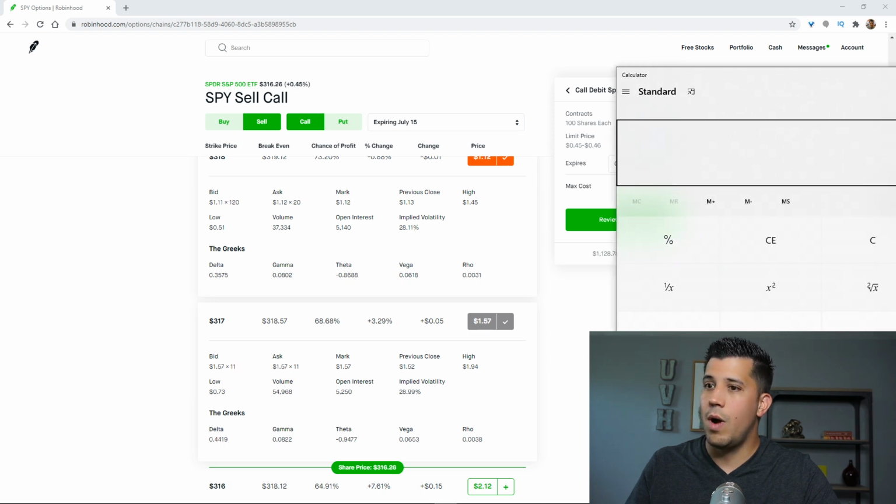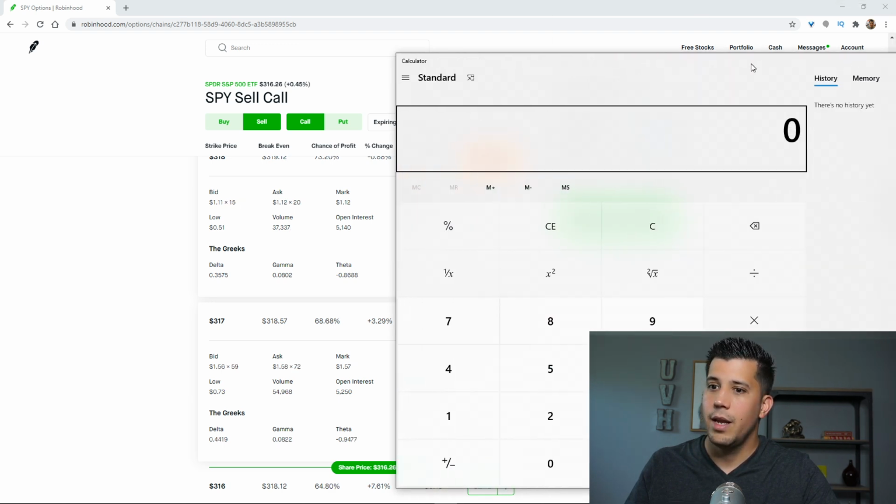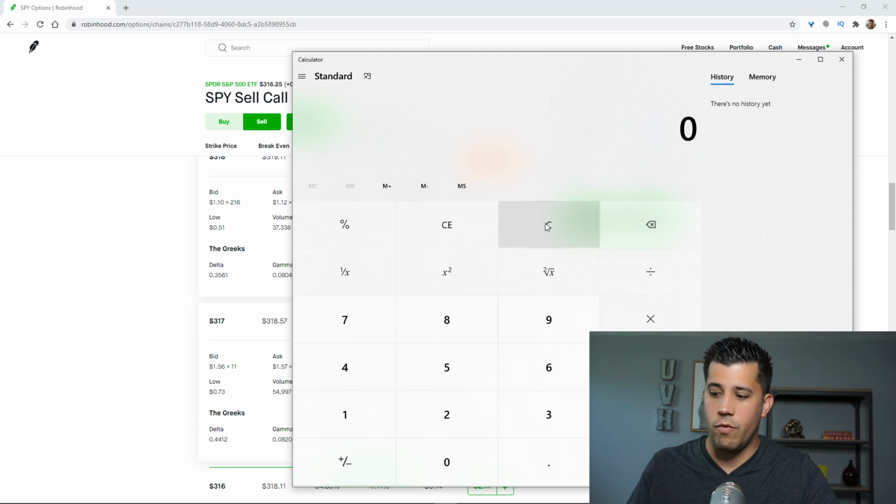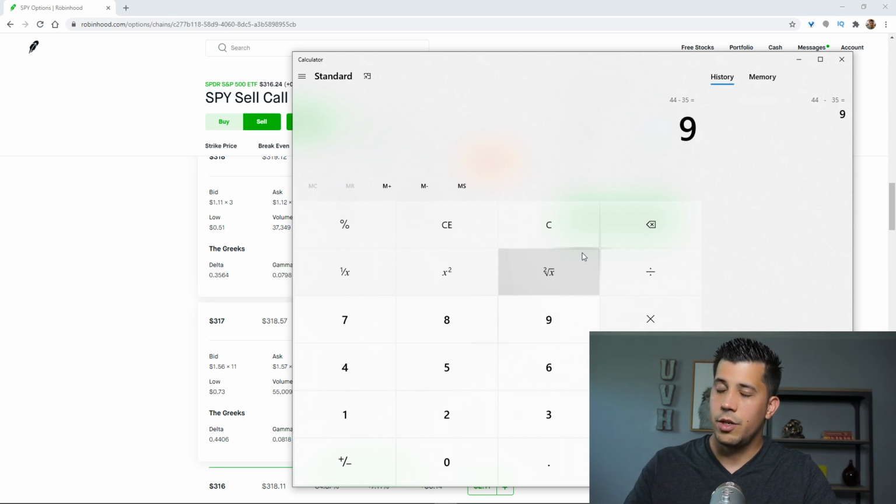You want to subtract the short delta from the long delta. So right now, we're just going to put in 44 minus the 35 right here, as you can see. So for every $1 that it goes up, I'm going to make $9. That's how you calculate it. So for every $1, I'm going to make $9.